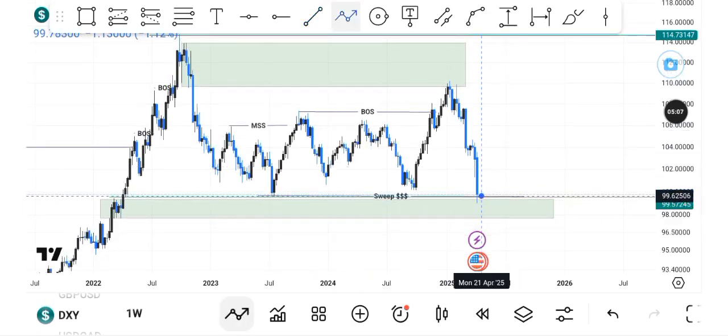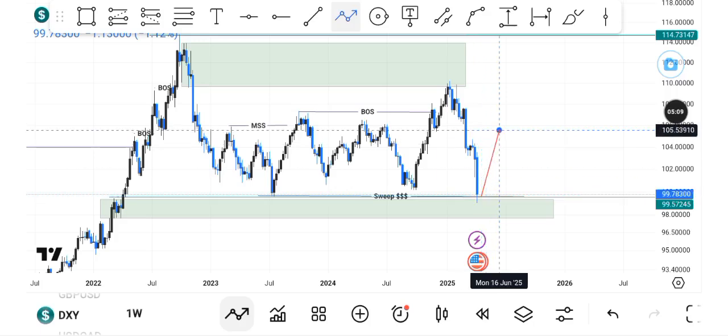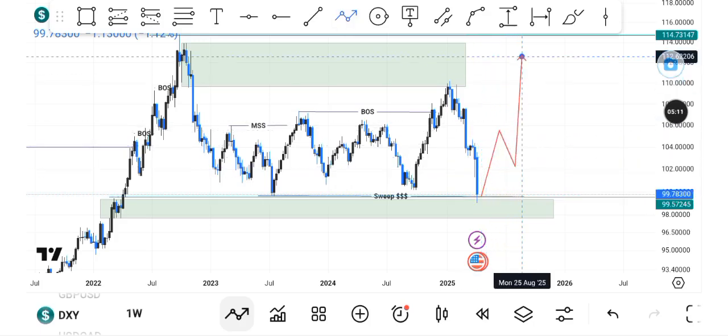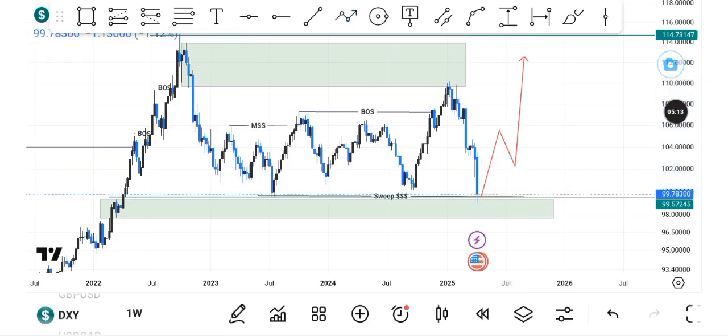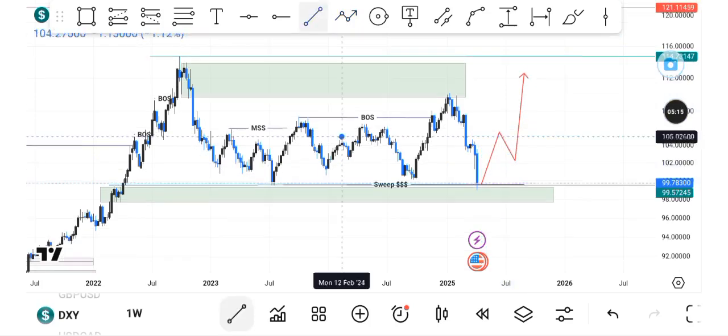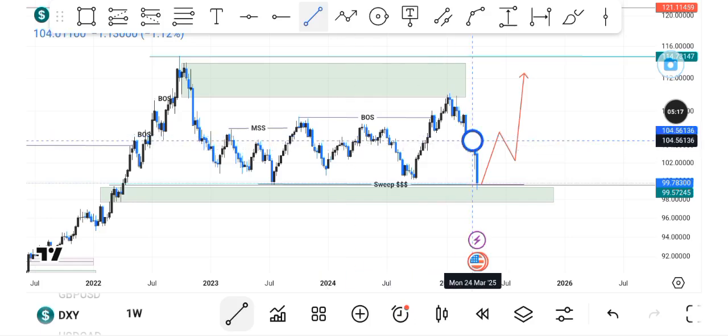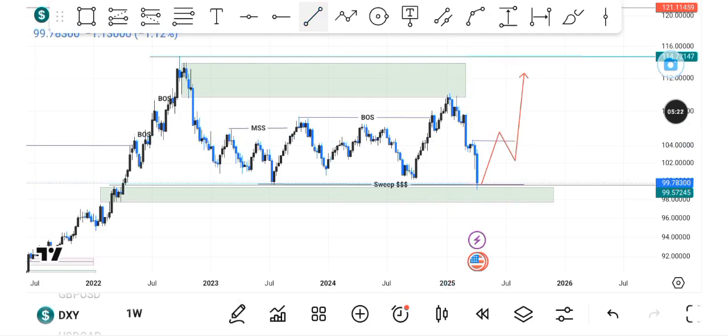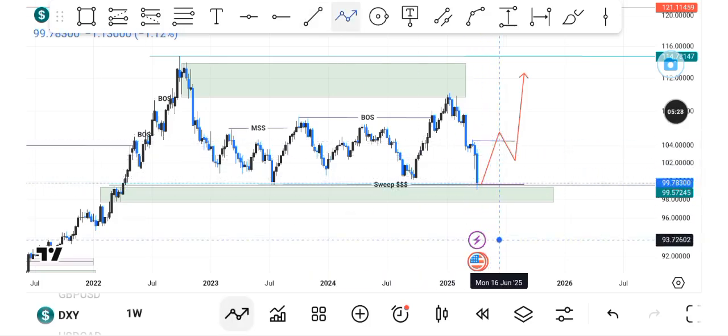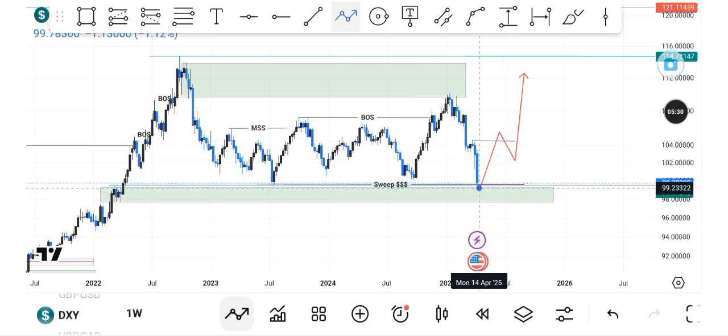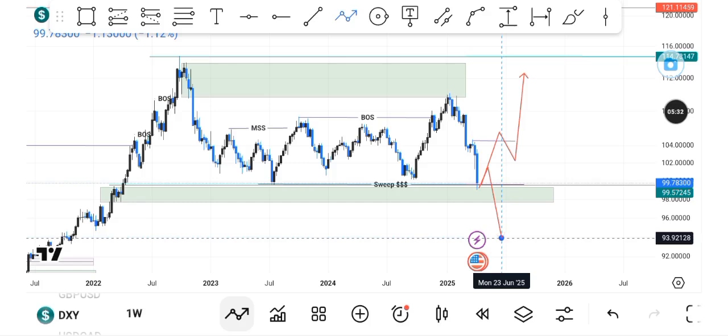Therefore we expect the DXY to push and close above the lower high, and if it crosses above, which means we still expect a bullish movement causing a break of structure to the upside. But if it fails, it will give us a continuation to the downside.